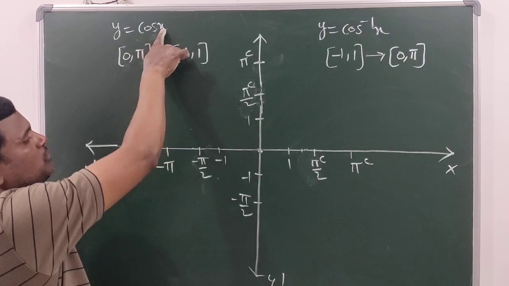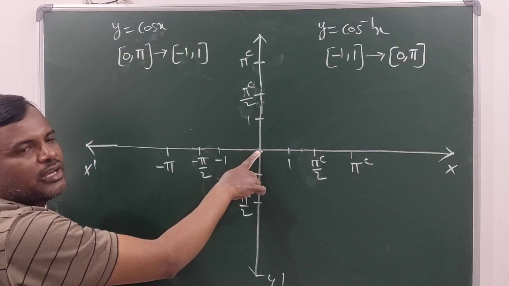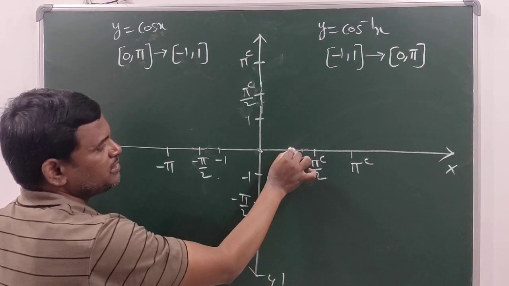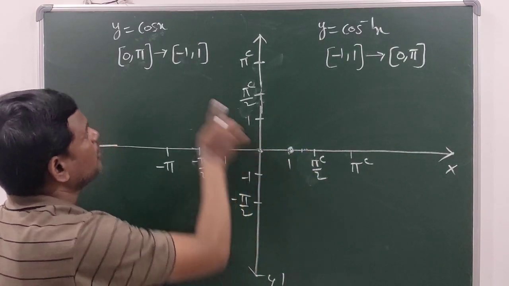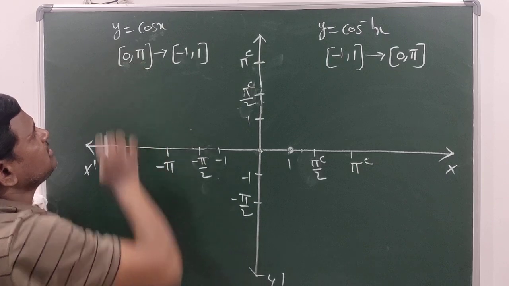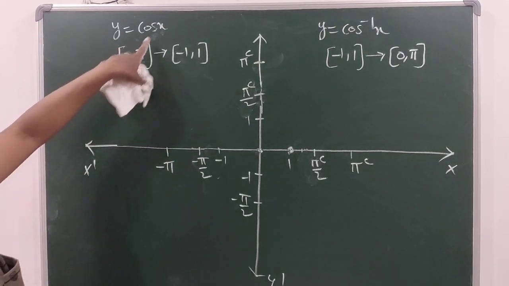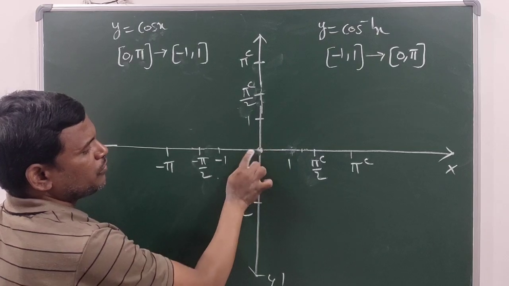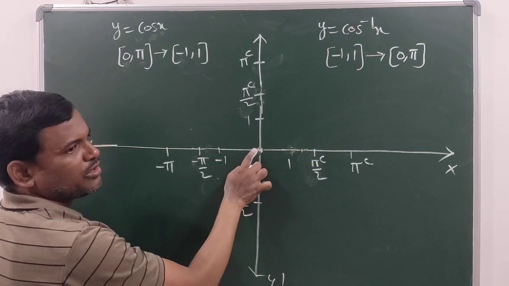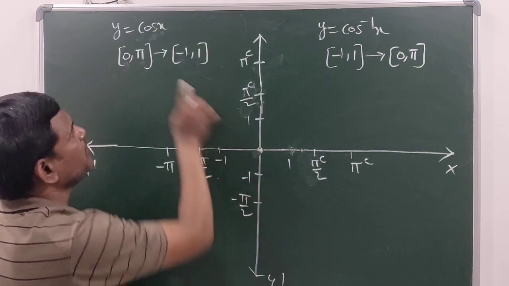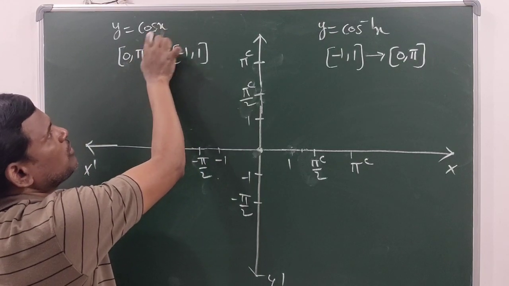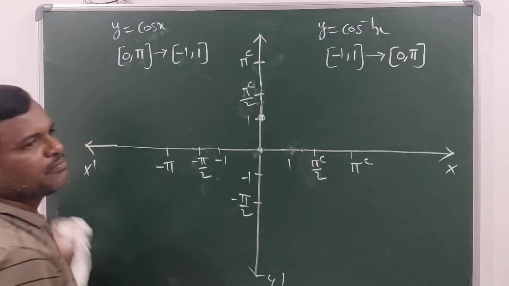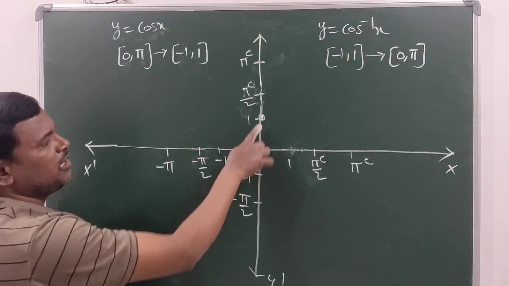When you put x equal to 0, cos 0 is 1, so at the origin x value is 0 and y value is 1, giving the point (0, 1).